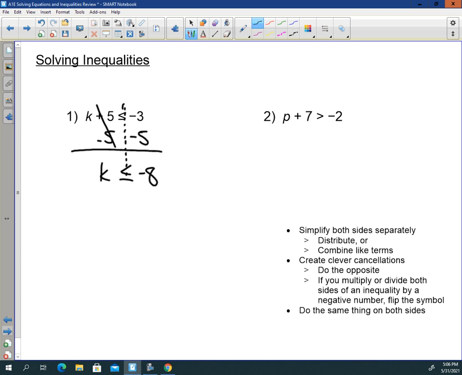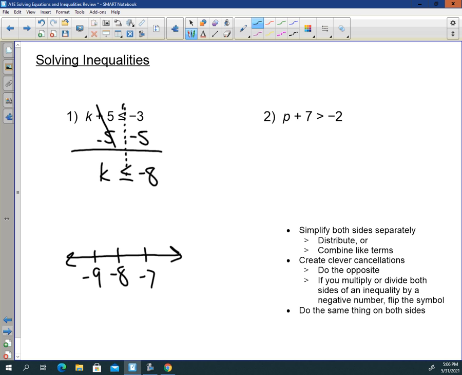Now, the other piece of solving inequalities is graphing. And so I'm going to throw this on a graph, which is essentially a number line. I'm going to put that negative 8 here in the middle. A bigger number than negative 8 is negative 7. And a smaller number is negative 9. So I'm going to put those two sides.